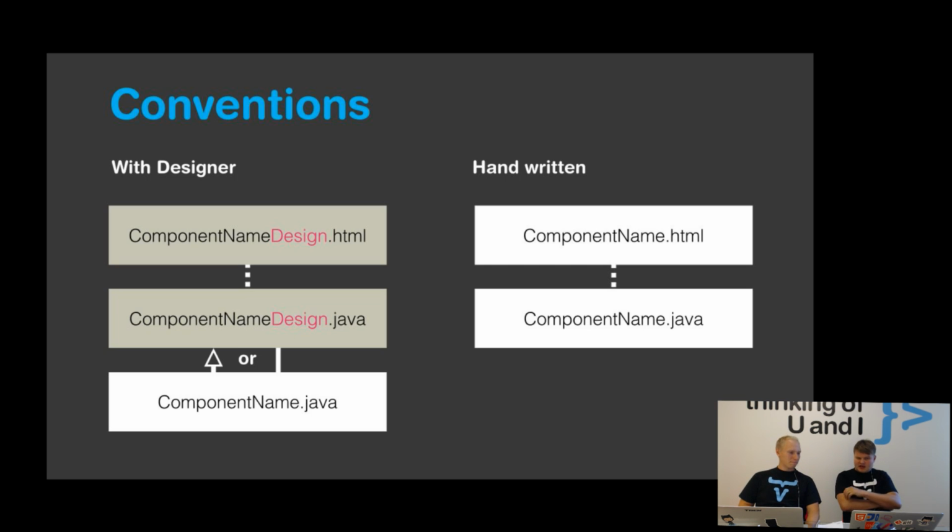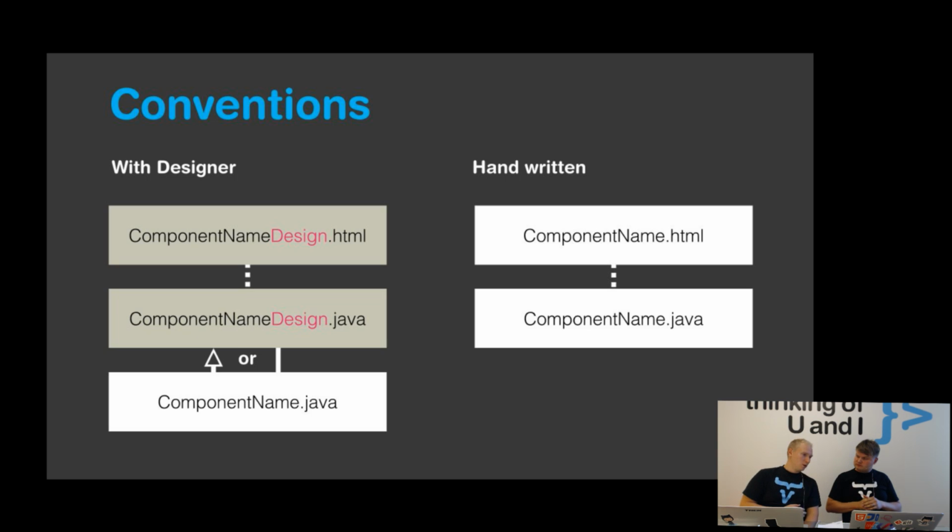One thing to note over here, you should follow the naming convention where you add Design at the end of the generated component. That way you can keep the component that you are writing with the best possible and shortest possible name, and the auto-generated one is just derived from that.